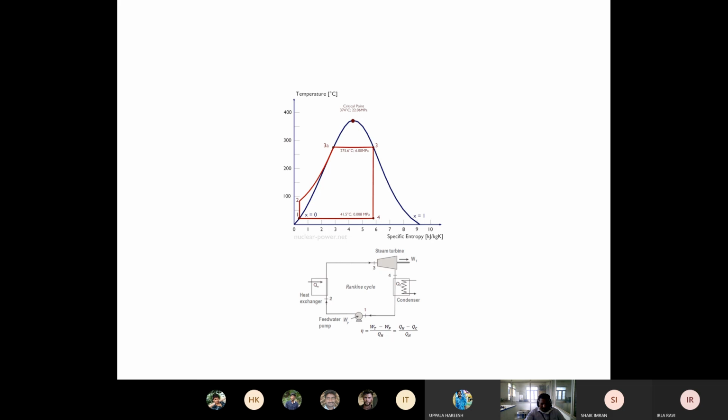Line diagram. H1. H4 and S1. What is asking? This enthalpy difference will be the heat rejected to the cooling water, and H2 minus H1 will be the work supplied to the pump. Okay.